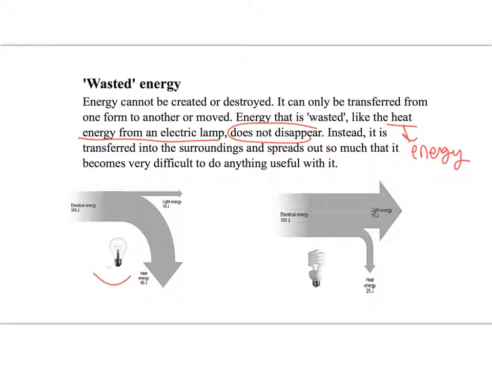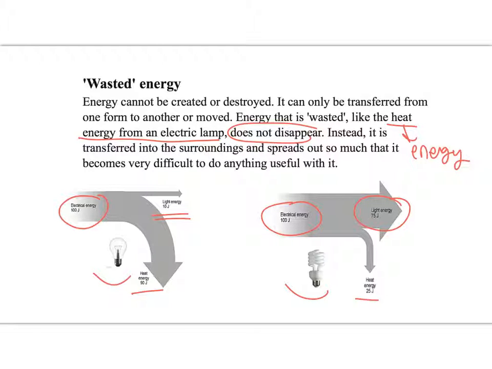a filament lamp and an energy efficient lamp. You see that in a filament lamp you use 100 joules of energy, and just 10 joules of energy is converted into light energy, and approximately 90 joules of energy is converted into heat energy. But in an energy efficient lamp, the 100 joules of energy is converted into 75 joules of light energy, just 25 joules of heat energy.